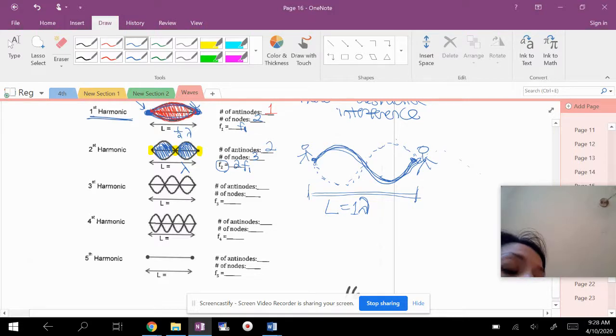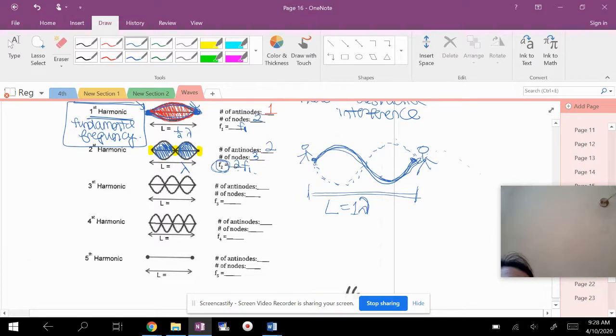The first harmonic is called the fundamental frequency. That's the first harmonic for everything. So your second harmonic frequency would be 2 times the fundamental.